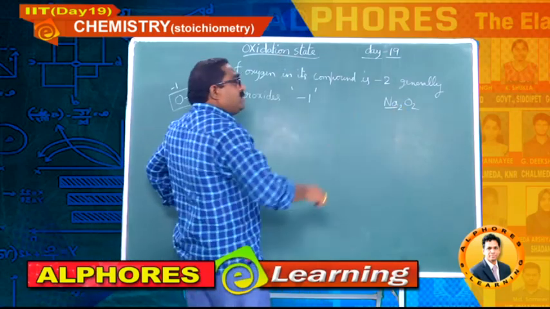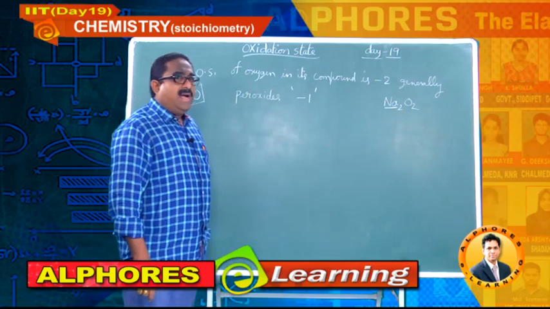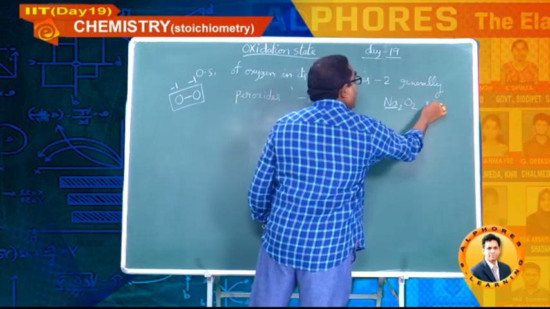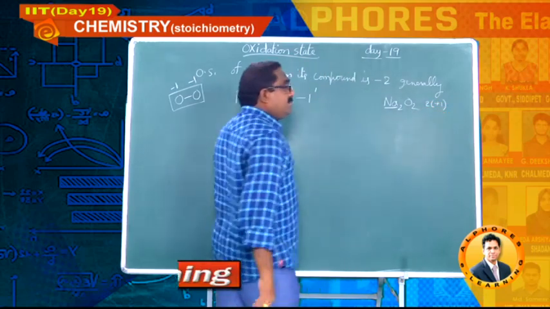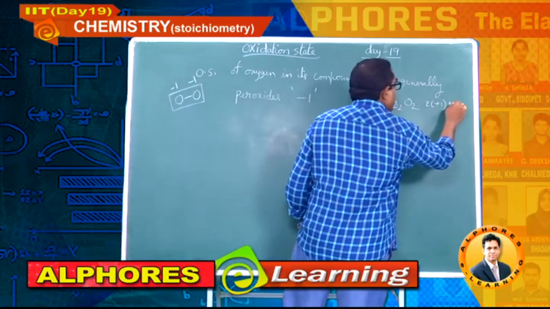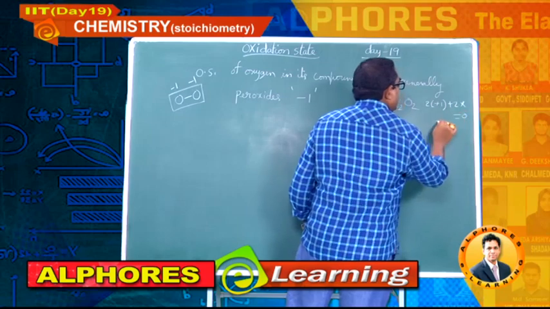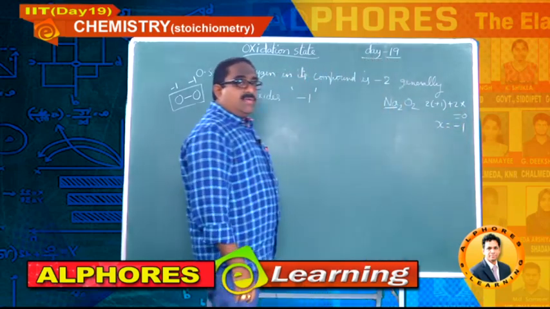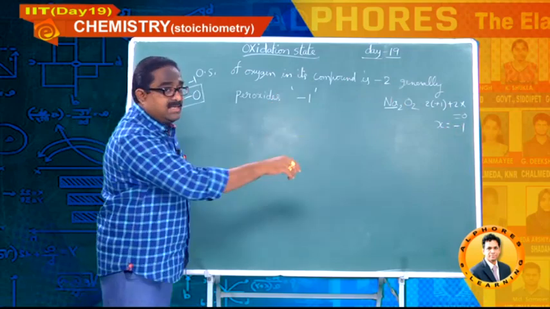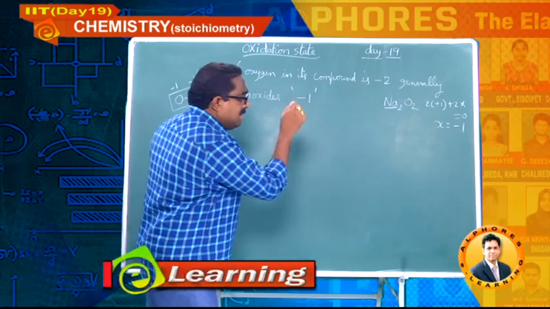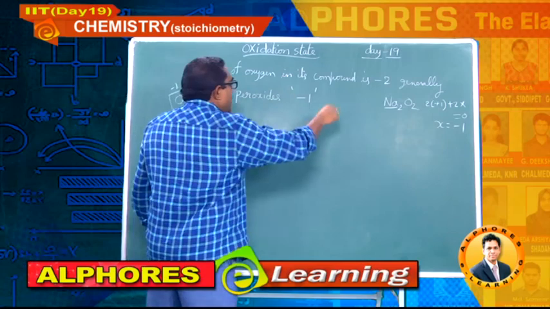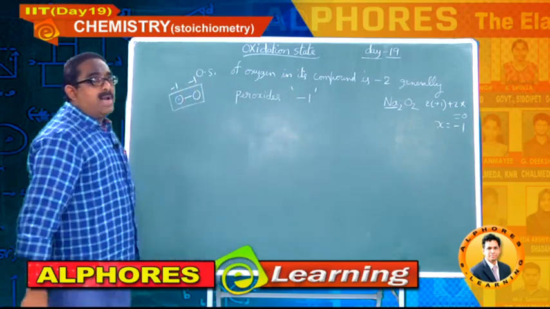The moment you observe sodium, an alkali metal, you can blindly fix its oxidation state as +1. Let me fix 2 into +1. For oxygen I am estimating 2x, equals 0. So x equals -1. So immediately you can come to the conclusion that the given oxide is a peroxide. It is not a normal oxide, it is a peroxide, where the oxidation state of both the oxygen atoms is -1. That is peroxide.